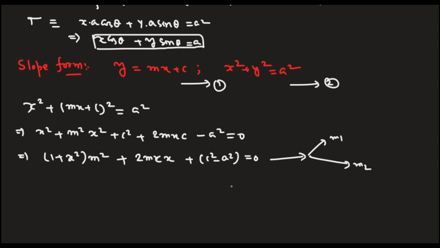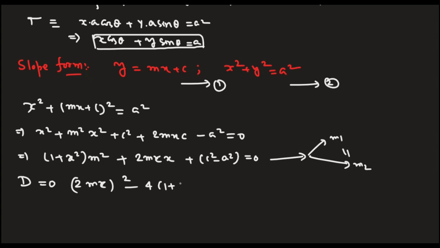Since here we are finding the condition that the line just touches the circle, these two roots will be equal. That means the discriminant must be 0. So if the discriminant is equal to 0, our discriminant is 2mc whole square minus 4 times of 1 plus, let me check something.